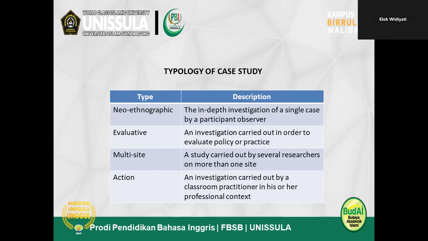The multi-site type is a study carried out by several researchers on more than one site. The last type, action, is an investigation carried out by a classroom practitioner in his or her professional context. Those are the types of case study.